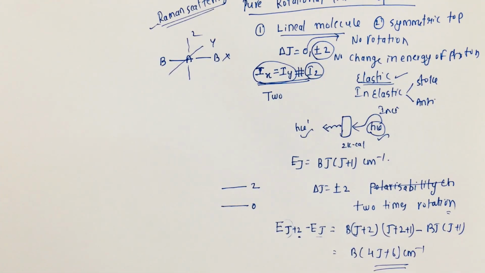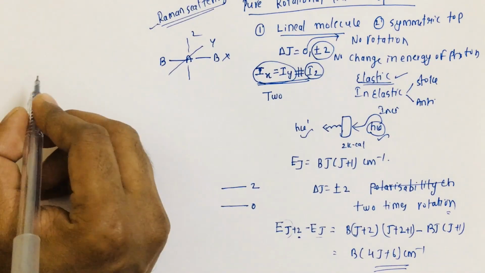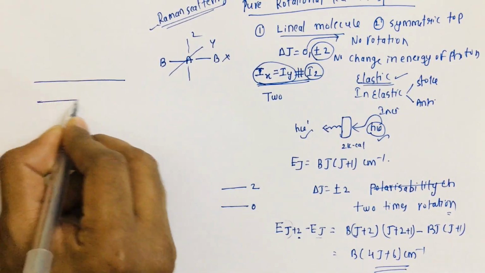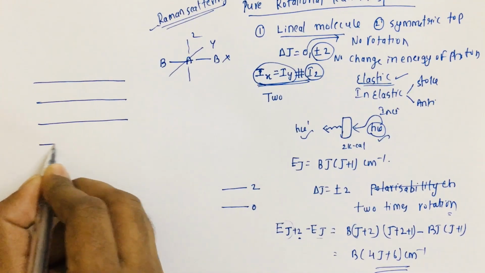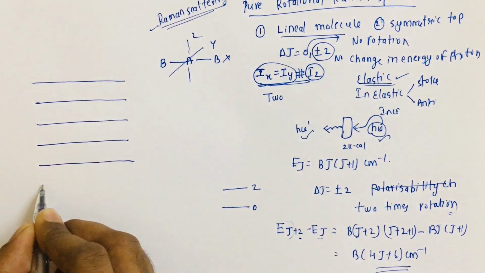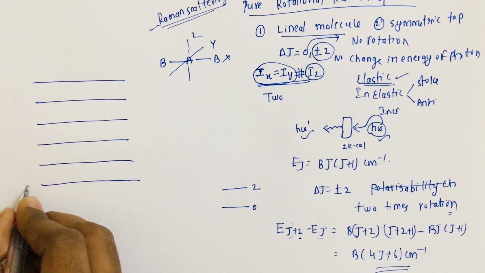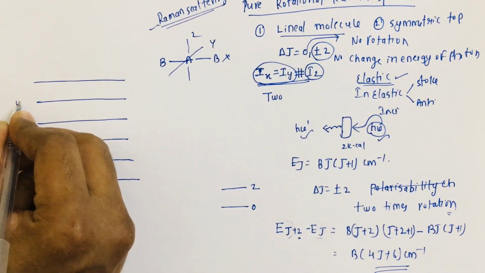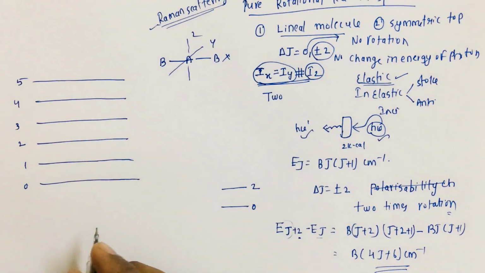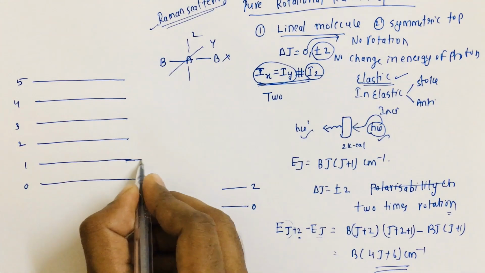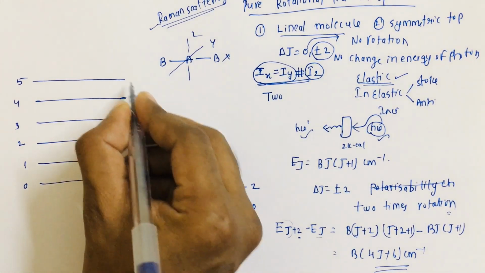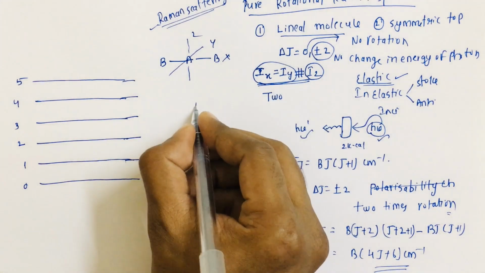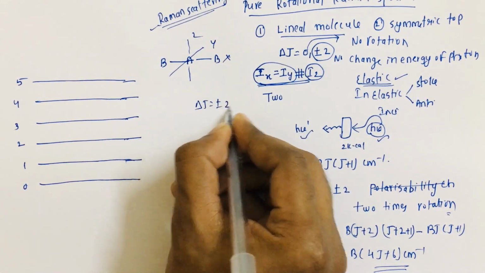Now we'll see how the spectrum looks. The levels will be 0, 1, 2, 3, 4, 5. We know that delta J equals plus or minus 2, right?